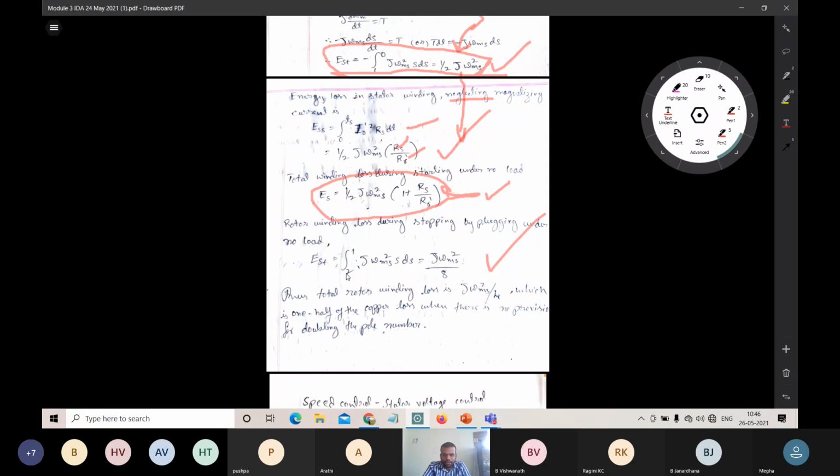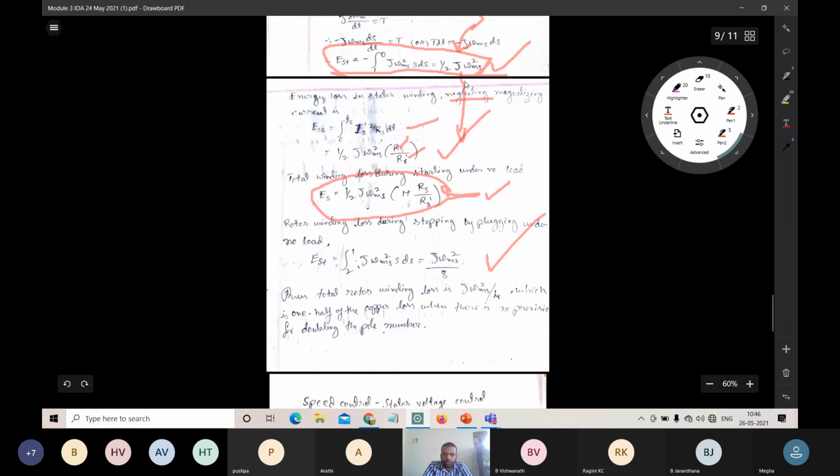Starting normally takes place from standstill to some prescribed values, some standard limits. Similarly, stopping takes place from the final value to the starting value. That's why 2 to 1. So after integration of J omega ms square s ds, we get J omega ms square by 8.